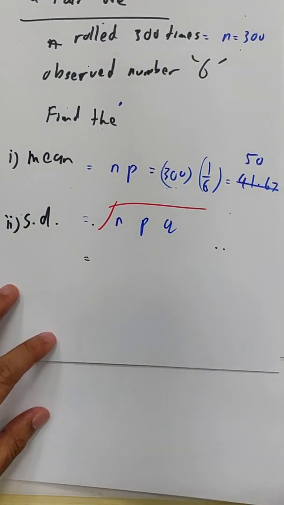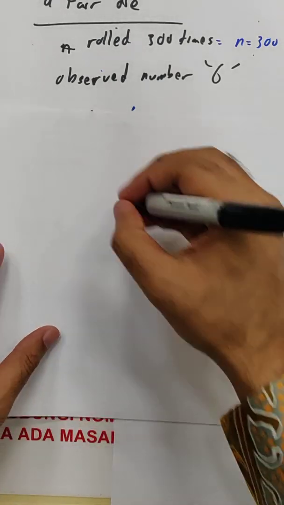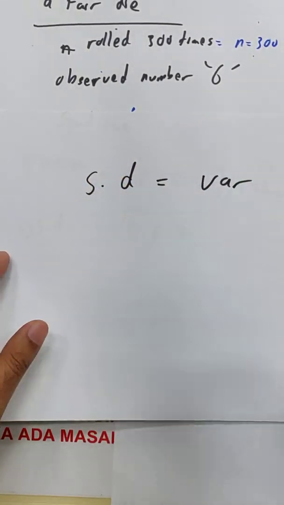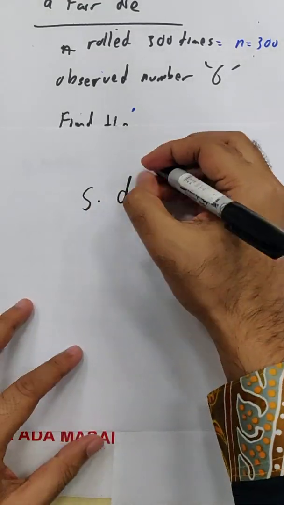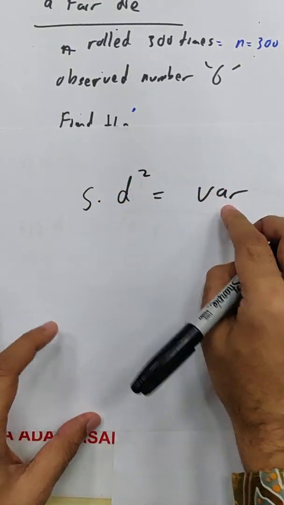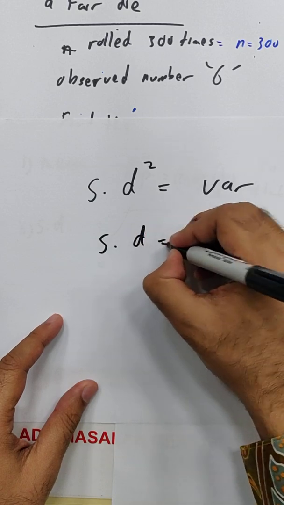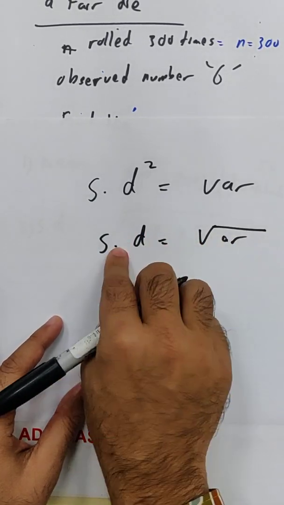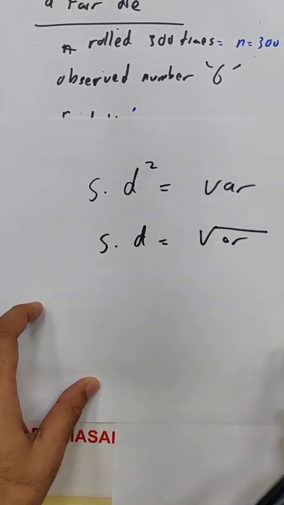Just a slight reminder for those who forget how to memorize them. Standard deviation and variance. You can either memorize standard deviation squared gives variance, or you want to memorize this way. You see the word variance? The square root of variance gives you standard deviation. There are two main ways to memorize.